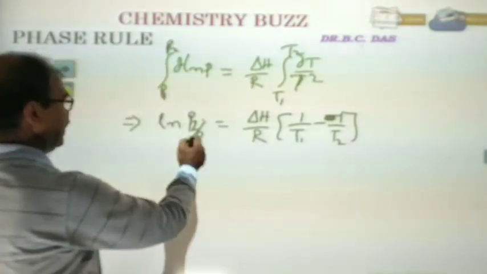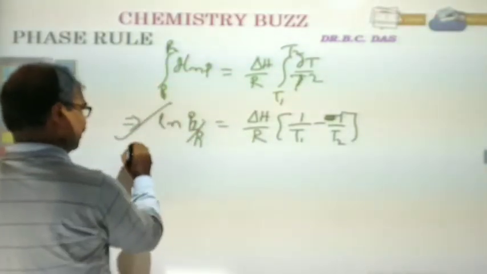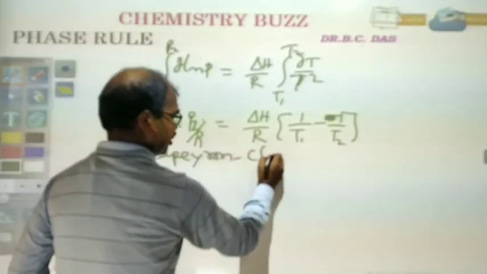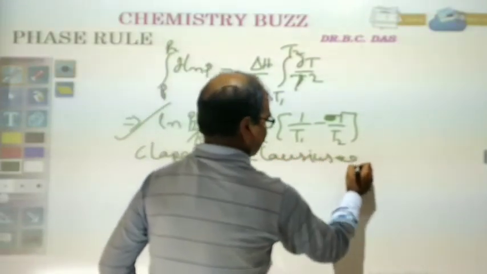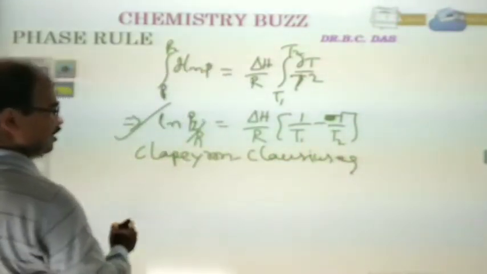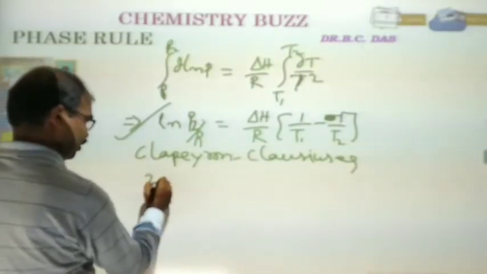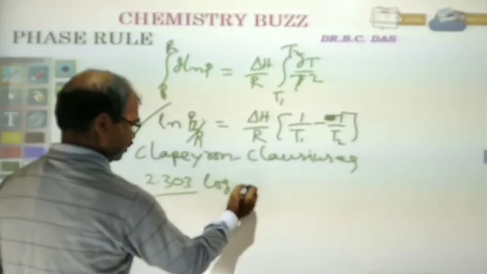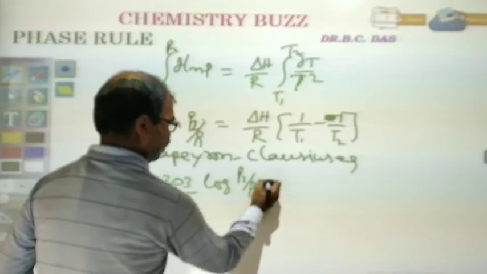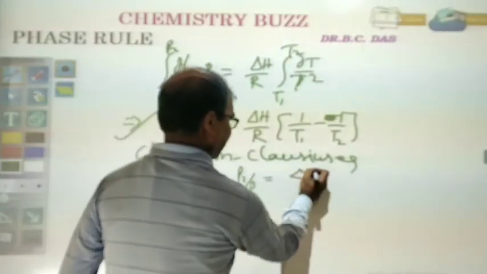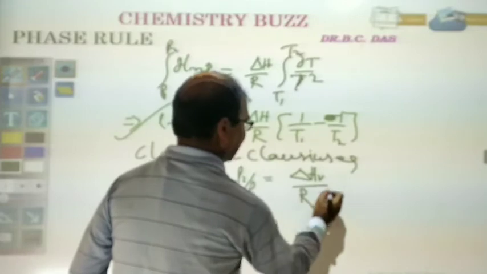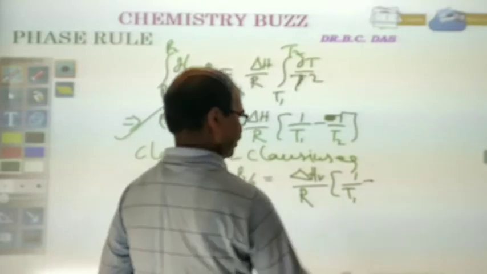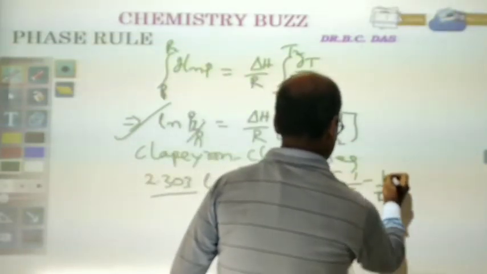So this is your Clapeyron Clausius equation. Okay, and if we change it to the logarithmic form, then this will be 2.303 log P2 by P1 equals delta H V by R times (1 by T1 minus 1 by T2).